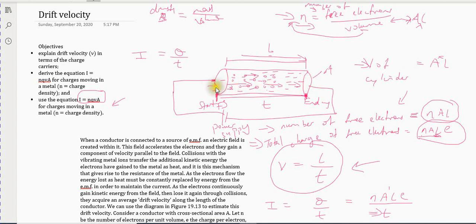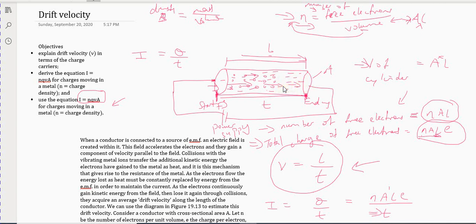And we can see that the charge moves L distance, all right? We're putting in the parameters now of the conductor. But in addition to that, it also traveled a specific time. Good. So from where the conductor starts to where it ends, there's a time that is associated with it.